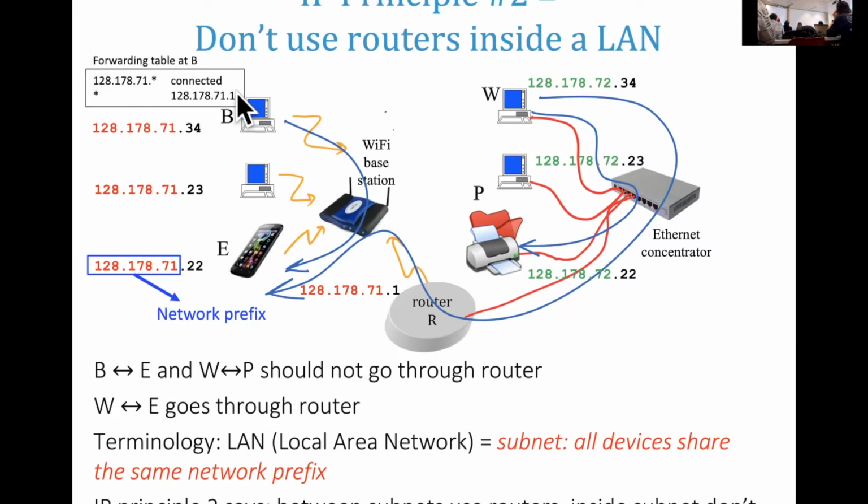For a device, we have most of the time 2 lines. The first line indicates your network prefix. That's the way for you to understand which devices are in the same local area network as you. The first line indicates that all devices that have the same network prefix, you are directly connected to them.